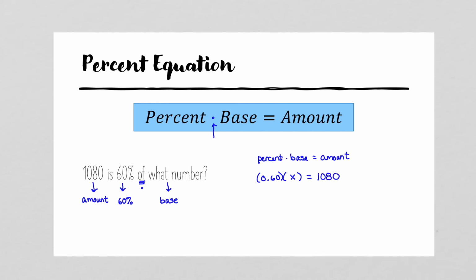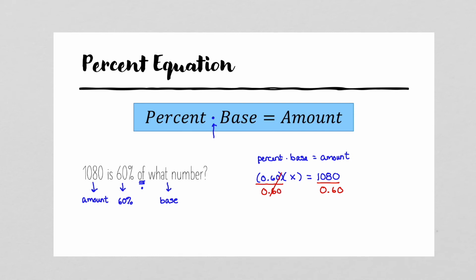So if I'm trying to figure out 60% of what number is 1,080, I simply have to take this algebraic equation and divide both sides by 0.60 so that I get x by itself on the left side.